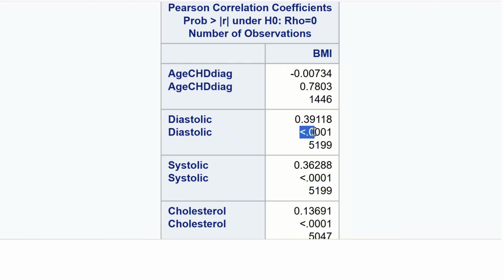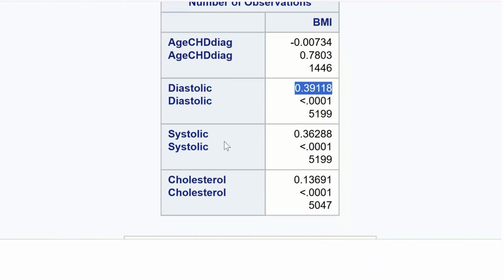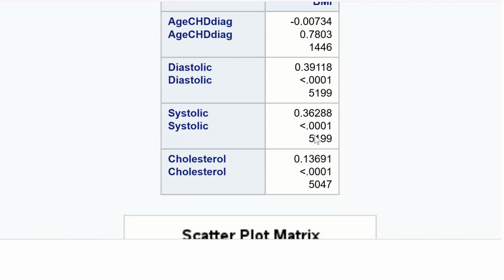It has to be statistically significant, and the value itself has to be of some substantial number. Over here we have almost 0.4, which falls in the category of moderate correlation between BMI and diastolic blood pressure. Very similar results for systolic blood pressure: we have a Pearson correlation of 0.36.